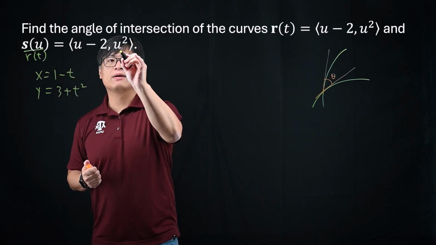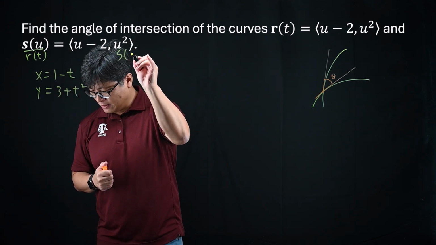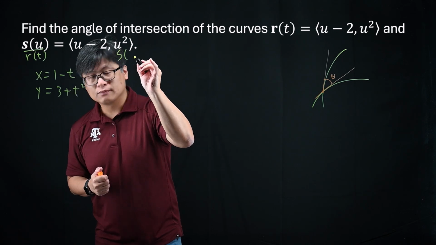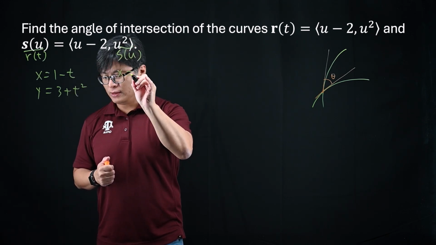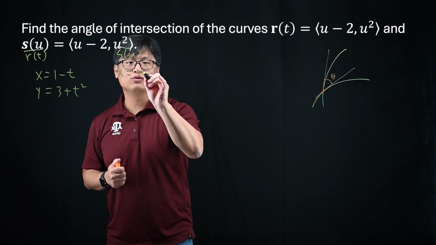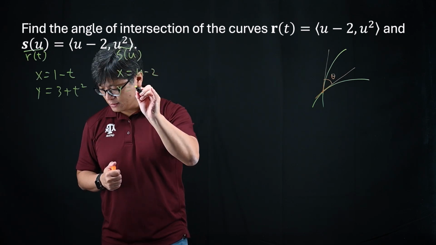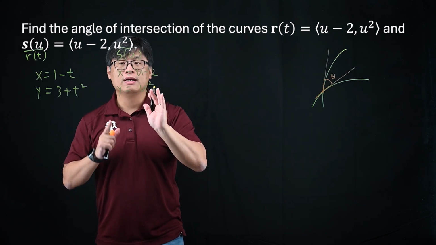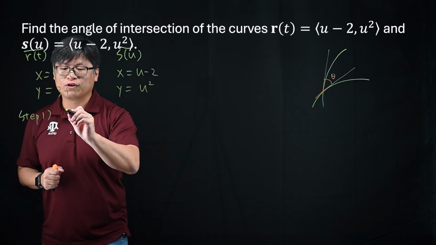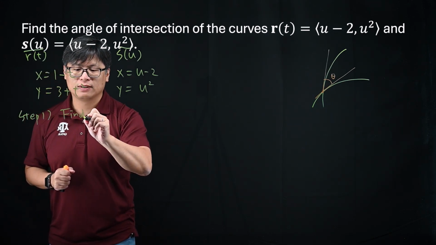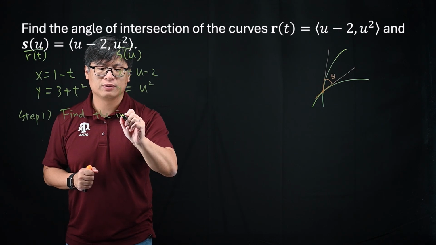And what about my curve S? Your x component is u minus 2, and y component is u squared, okay? So as I said, we will try to find the intersection point.